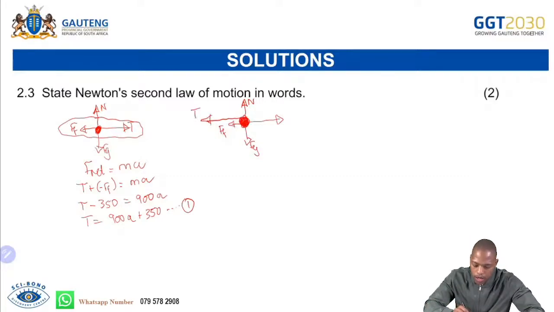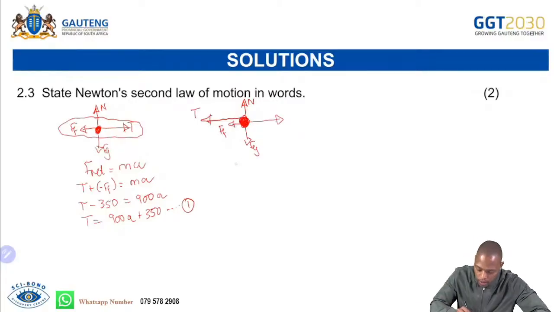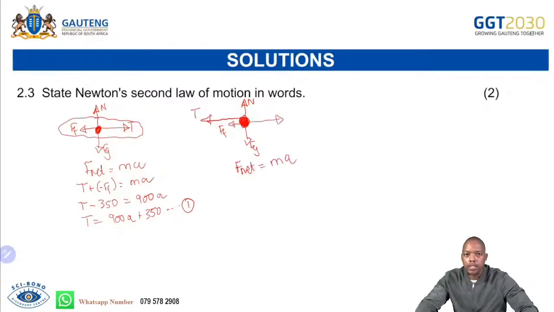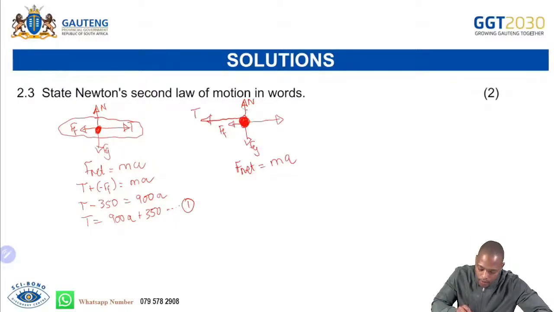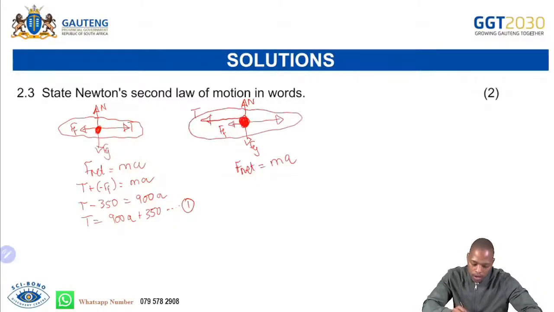Okay, so it's time for me to write the second step, which is write the formula F net is equals to MA. Step number 3, what is my F net? Where do I get the answer? From the free body diagram, all the horizontal forces.